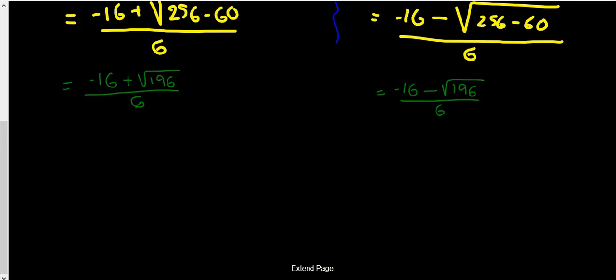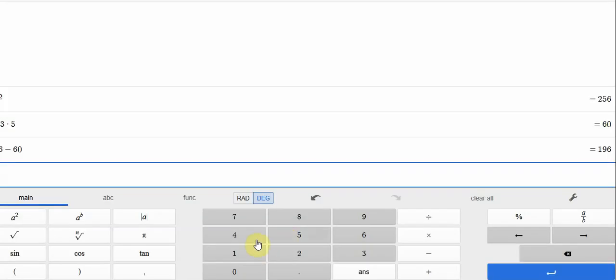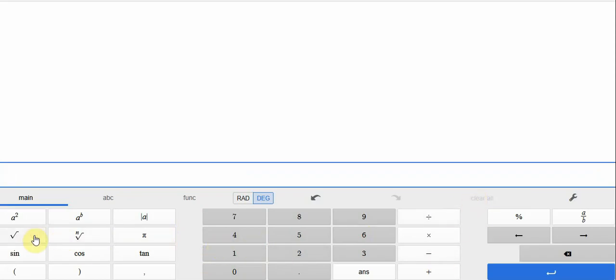Now, 196, so if I go back to my calculator and I'm like, oh my, what's the square root of 196? Oops, let me just clear all this out and write it better. So the square root of 196 is 14. That happens to be a perfect square. So wait a second. That means I have a feeling that what I said earlier is not right.